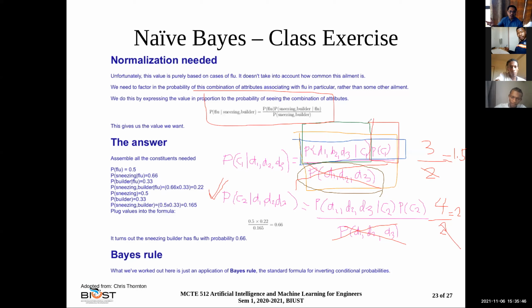Remember our cases with the balls and choosing which jar, jar 1, jar 2, or jar 3. In those cases the probabilities are all the same, 1/3 each. So if they're equal, you can also disregard them because it doesn't matter to the final output.